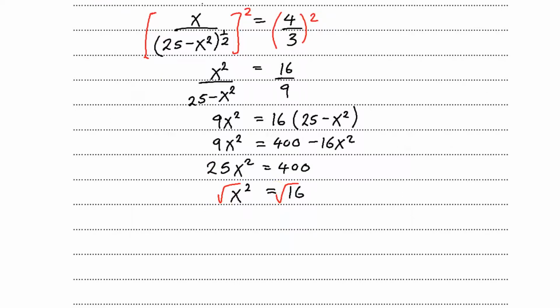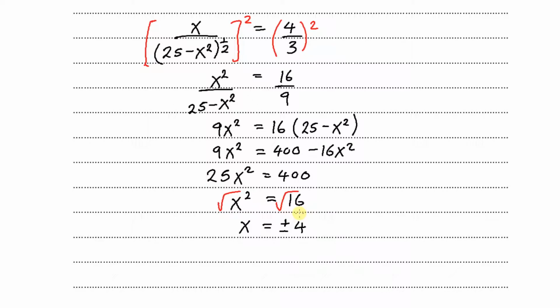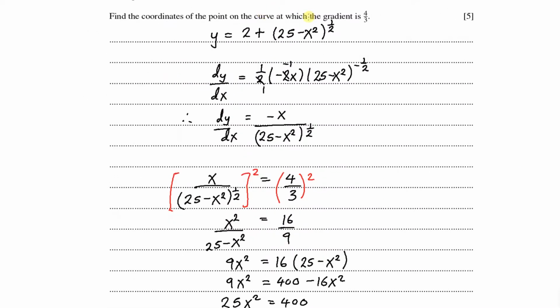we get x here, and square root of 16 is plus or minus 4. Now we're coming out with a positive value for x and a negative value. According to the question, they want the coordinates of the point on the curve at which the gradient is 4/3.